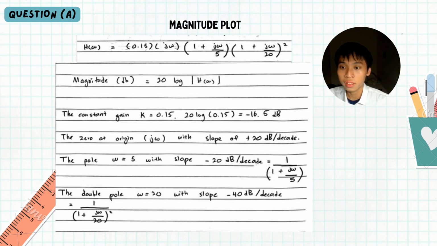The zero at the origin, j omega, has a slope of positive 20 dB per decade. The pole at omega equals 5 has a slope of negative 20 dB per decade, which is 1 divided by (1 plus j omega divided by 5). The double pole at omega equals 20 has a slope of negative 40 dB per decade, which is 1 over (1 plus j omega divided by 20) squared.